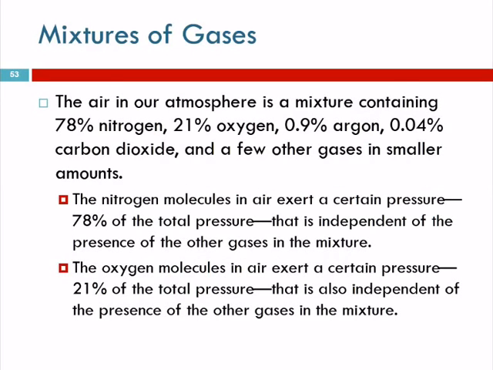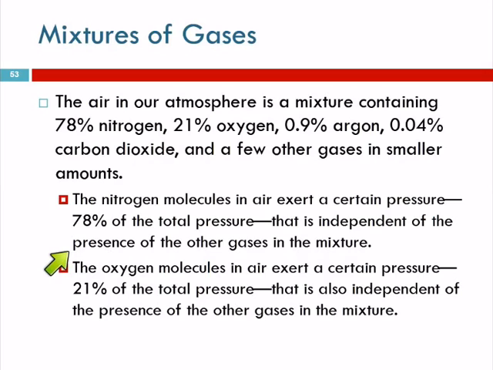Let's think about air. Air is 78% nitrogen, 21% oxygen, 0.9% argon, and 0.04% carbon dioxide. There are some other trace gases that are not worth talking about. Well, the nitrogen molecules in the air exert 78% of the total pressure because they're 78% of the molecules.